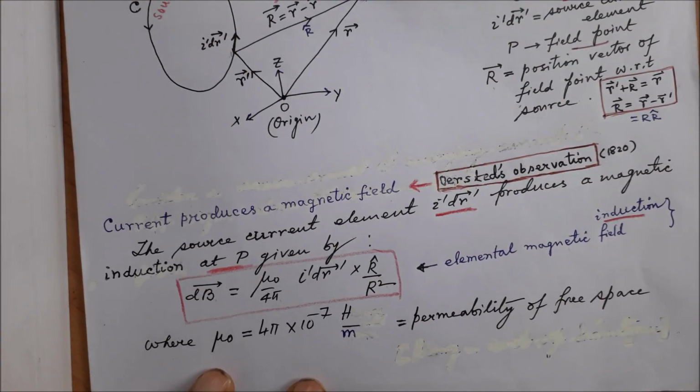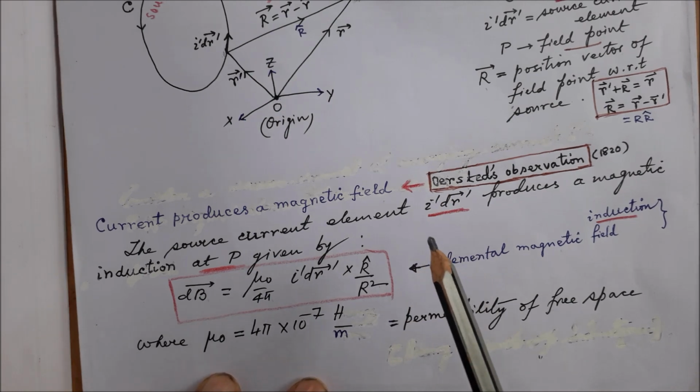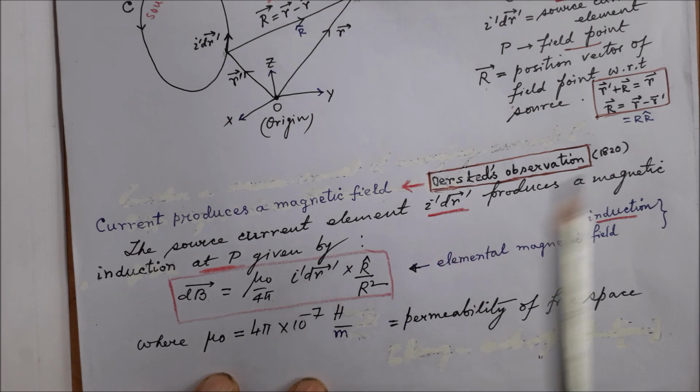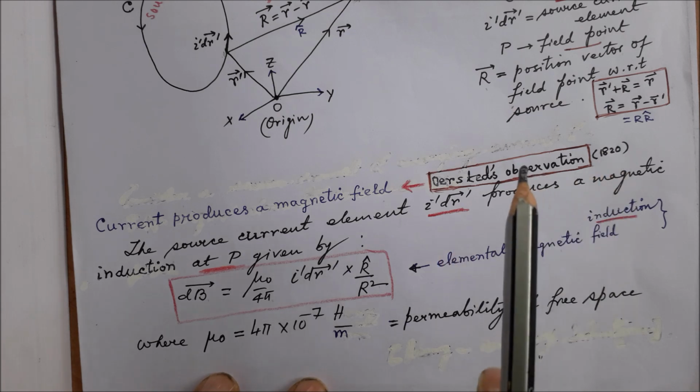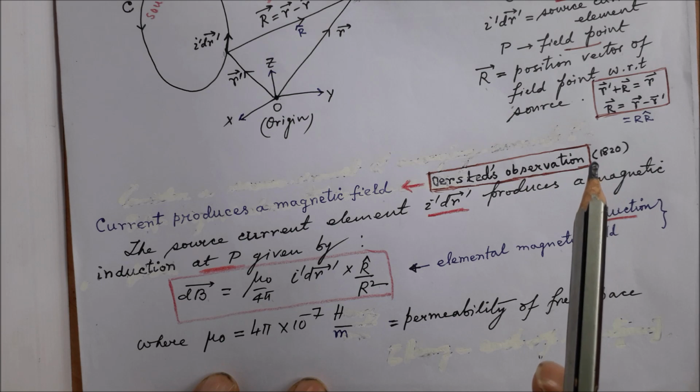In Coulomb's law, we found a proportionality constant in the electrostatics class, and that proportionality constant was 1 divided by 4 pi epsilon 0, where epsilon 0 was the permittivity of free space.